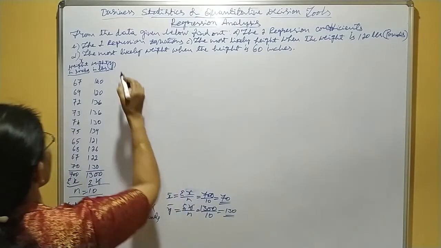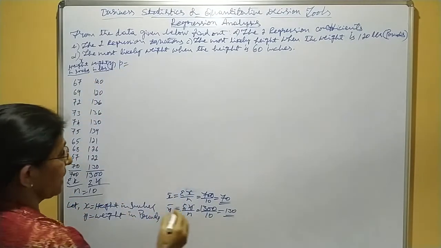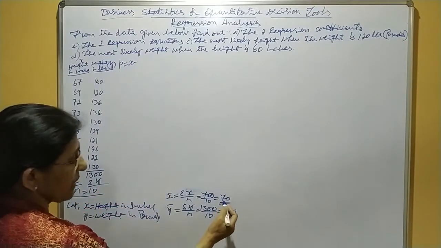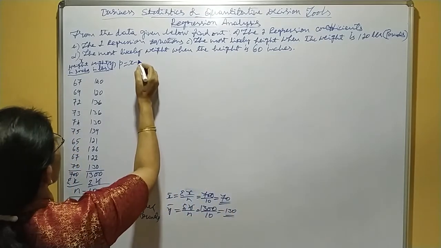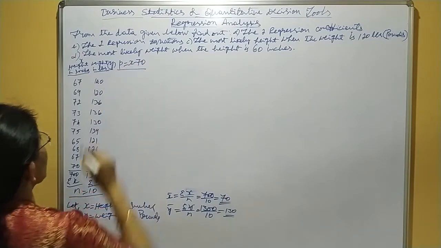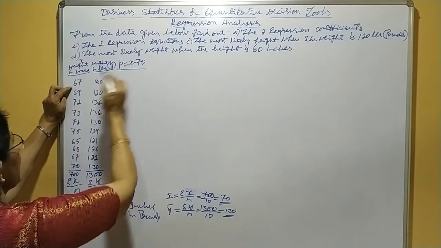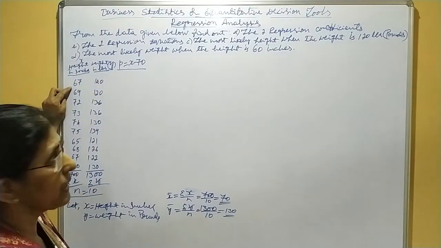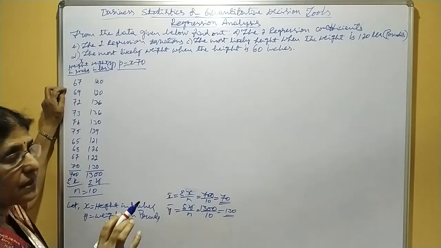Now we have to take P, that is deviation of variable x. P equals what? X minus x bar. Here we are having the x bar and y bar round figures, better you take from x bar itself. Here it is 70. Now we have to take the difference. In the place of x we have to consider each value of variable x, and here we have to consider even the algebraic sign.